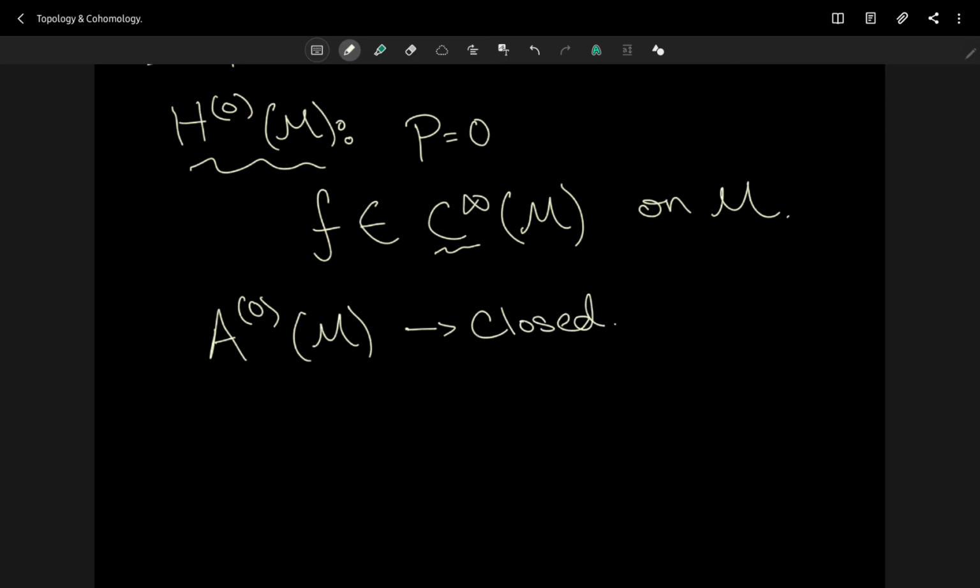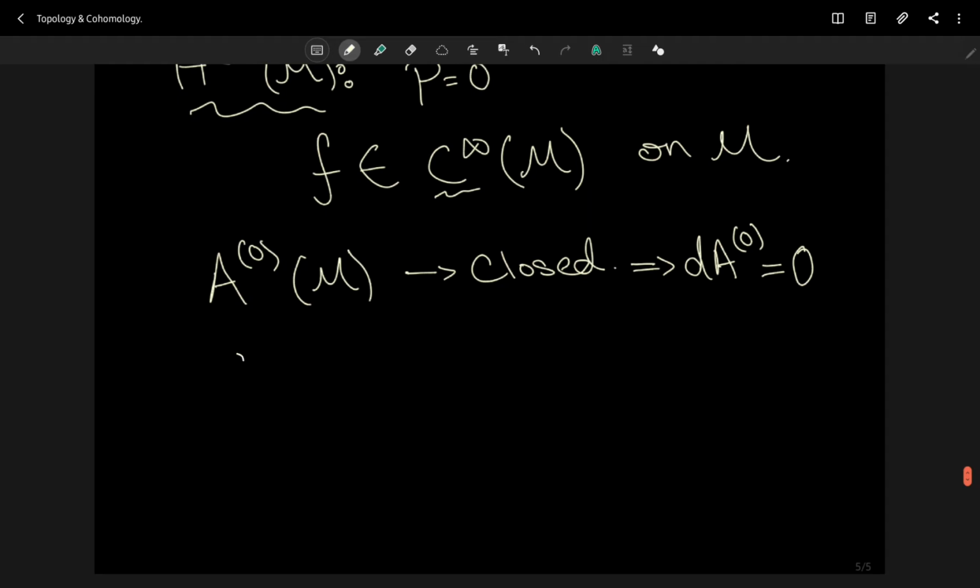What that means is that the exterior derivative of the zeroth form is equal to 0. Or you could also say that the exterior derivative of your function, df over dx mu, would be 0. So locally these functions are locally constant.